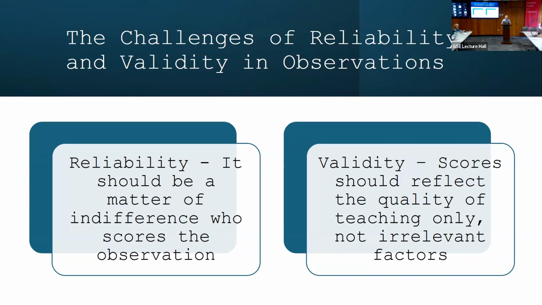We want it to be a matter of indifference whether I observe the teacher or Ravita observes the teacher. They should get the same score when we're looking at that practice. And the other thing that we were concerned about is that these scores should be valid, that they should reflect the quality of teaching that we're looking at and not other kinds of factors that might influence the scores that we give.